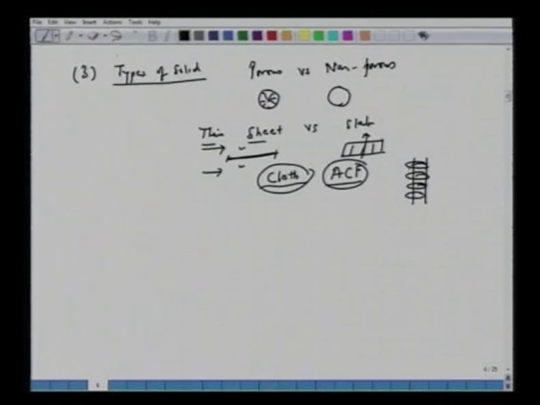Tubes could be perforated, you close this end, allow the hot air to pass through this, and you have air flowing readily outward, instead of taking this ACF and making a packed bed. So the two will have different extents of mass transfer or heat transfer. When we say types of solid, we are also talking of different types of arrangement.